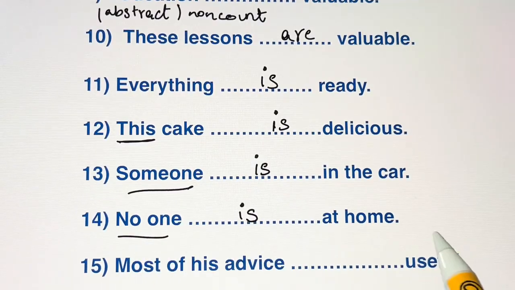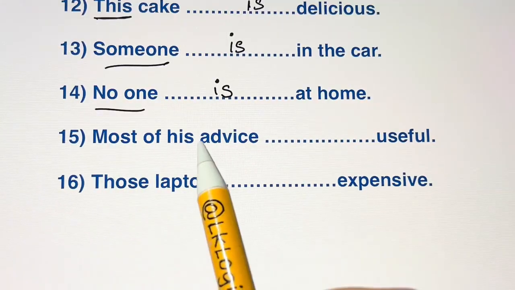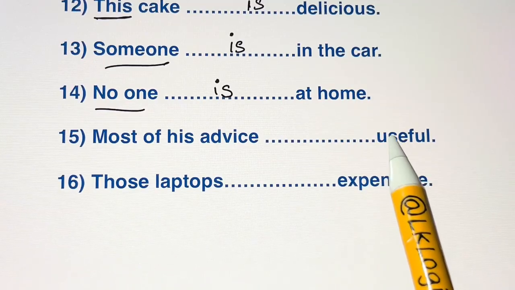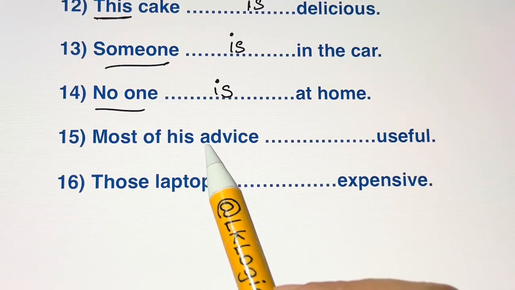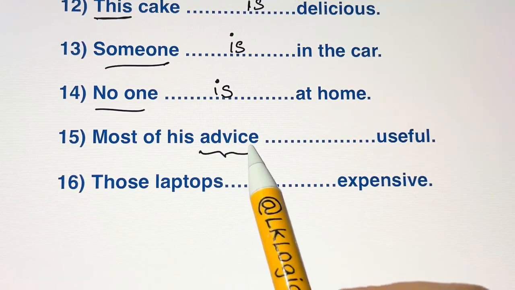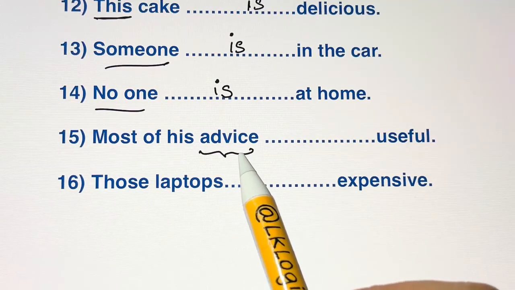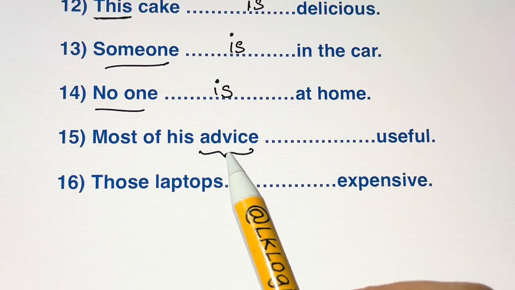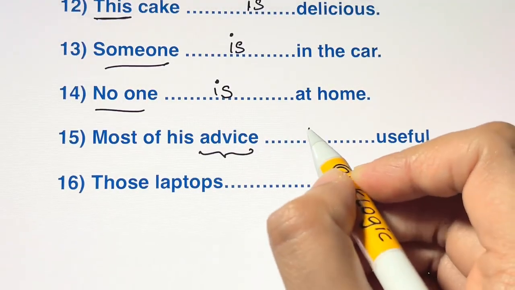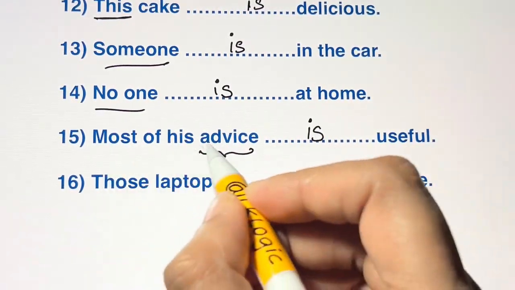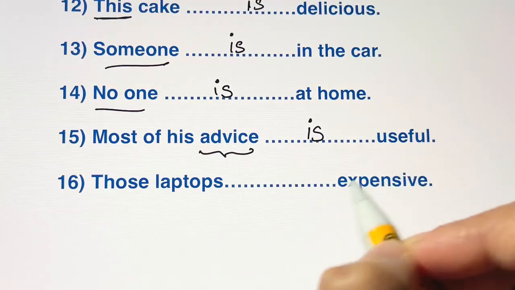No one is at home. Question number 50. Most of his advice blank useful. So what is advice? As I told you, it's an abstract noun. It is not a physical thing, right? So it is a non-countable noun. So what do we use with non-countable nouns? Singular verb is. Most of his advice is useful.